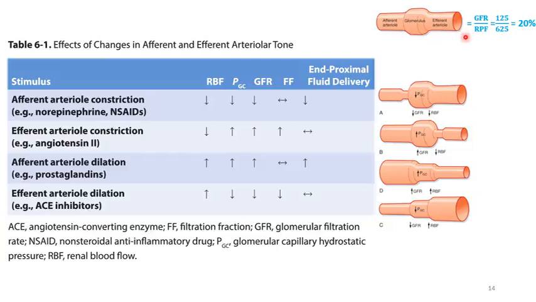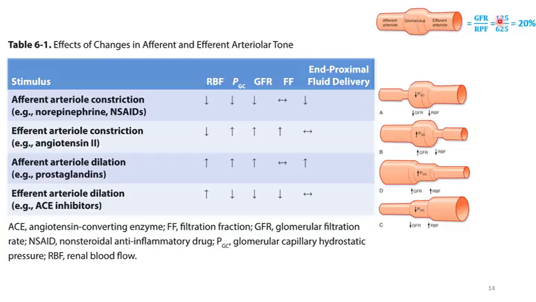Filtration fraction is the percentage of plasma at the level of the glomerular capillary that is filtered through it into the Bowman's capsule. So by dividing GFR by RPF, or renal plasma flow, we can calculate filtration fraction.